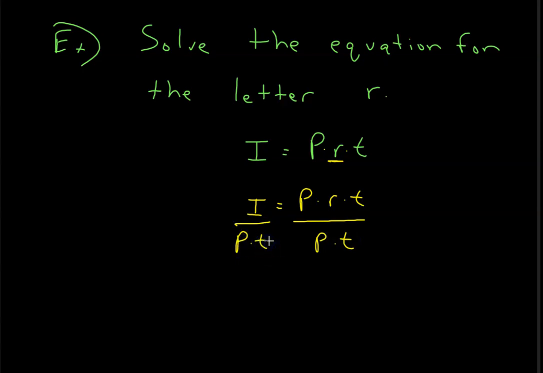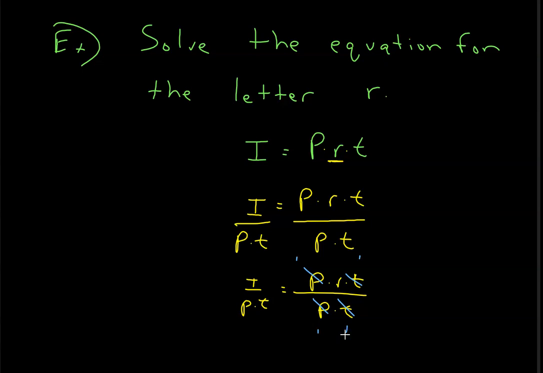P times t. So by doing that, in my new equation, the p's and the t's should cancel to be 1s. This p cancels out with that p to be 1, and that t cancels with that t to be 1. You don't really have to write the 1s, just know that they cancel.